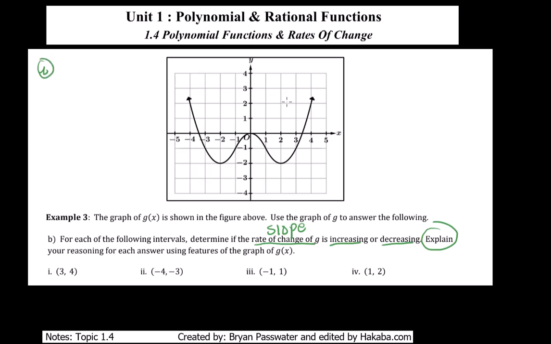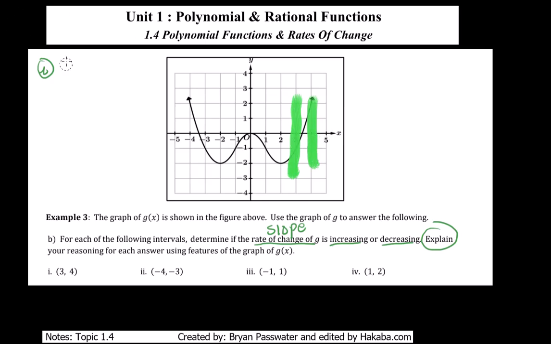We're looking at the interval 3 to 4. Let me put a line at 3 and 4. What do we see from interval 3 to 4?